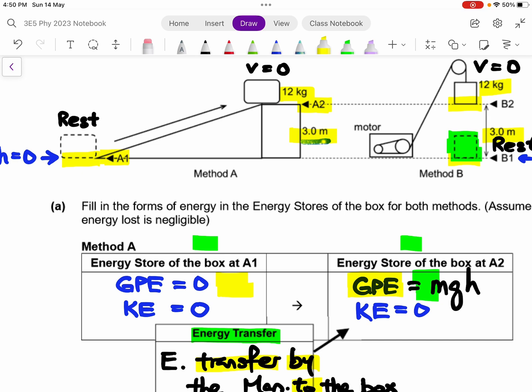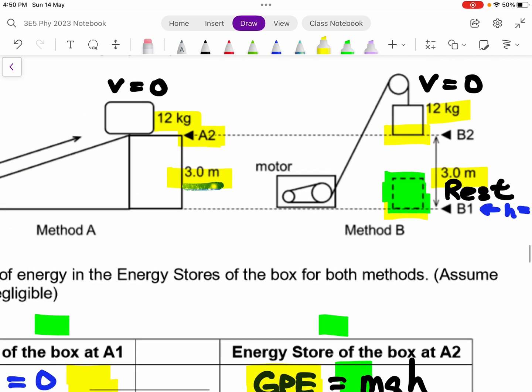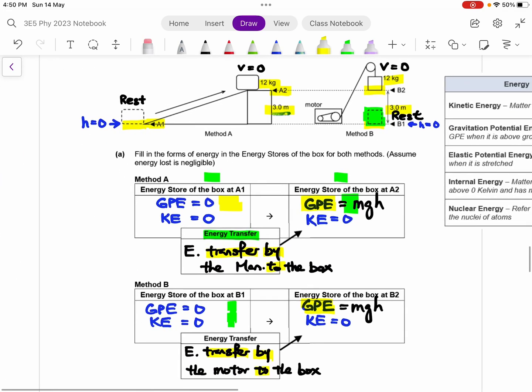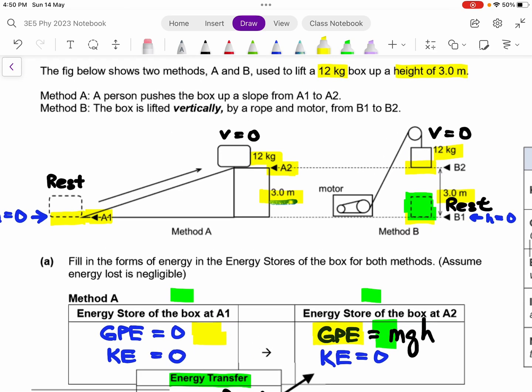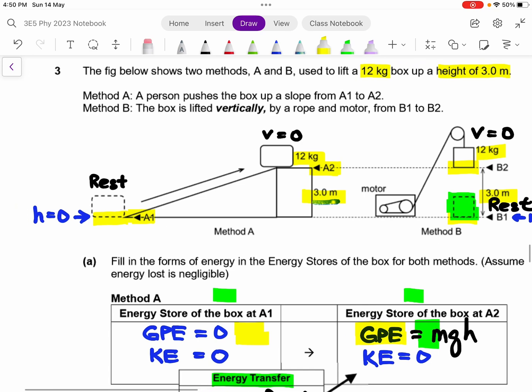So that's friction. Similarly, for your motor, as long as objects are moving relative to one another, there would be frictional forces as well, right? And if you go against the frictional forces, you have to use some energy. So we're going to talk more about this in the next part, but let's first simplify our context so that we get used to looking at the context with energy stores and then with the principle of energy conservation.